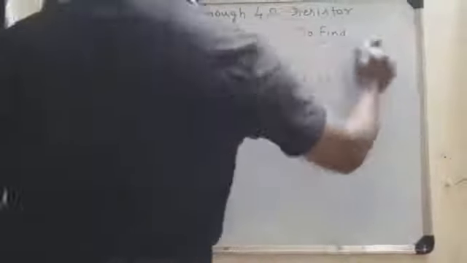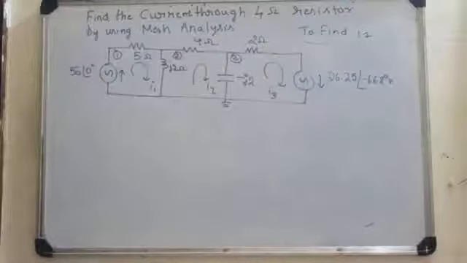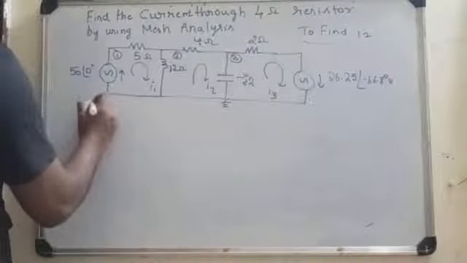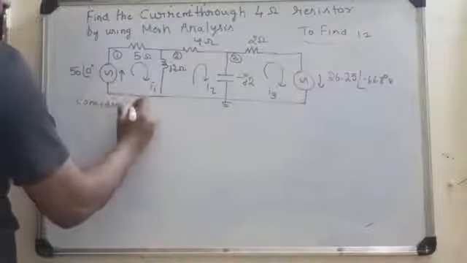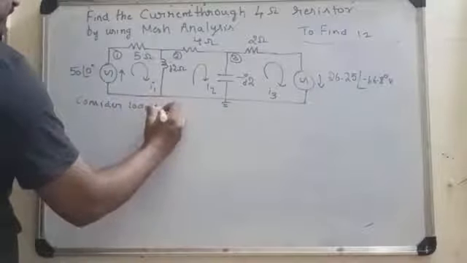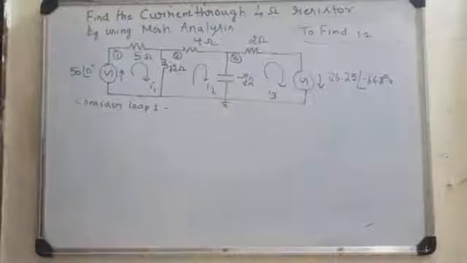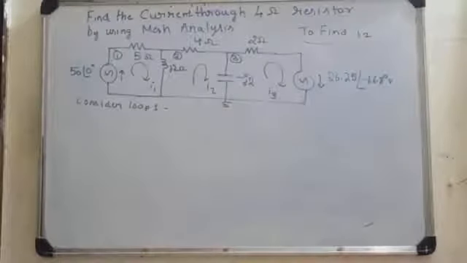So the final answer is to find current through 4 ohm. That means I have to find I2. So to solve this, first consider loop 1.